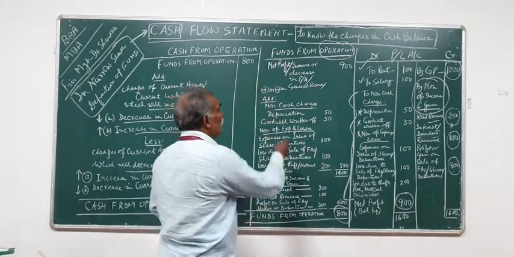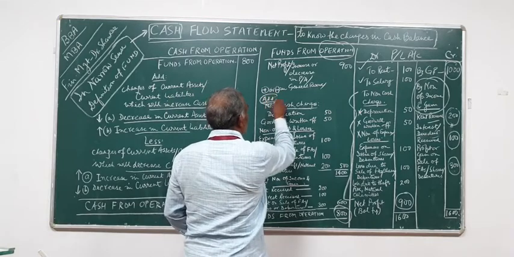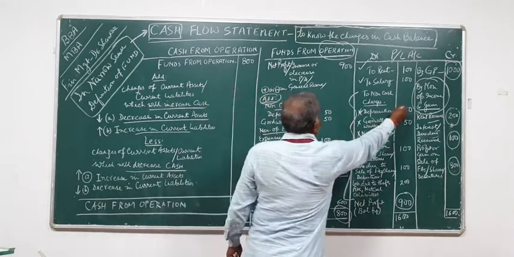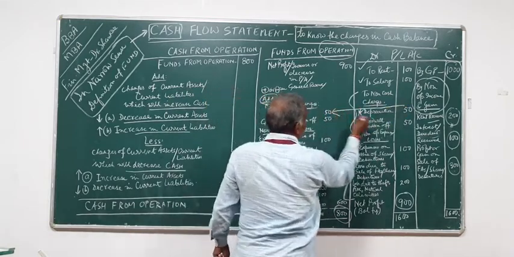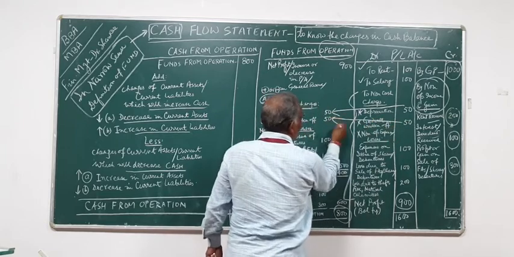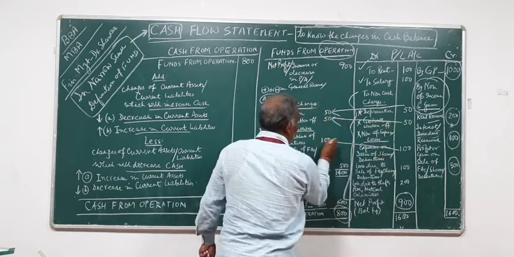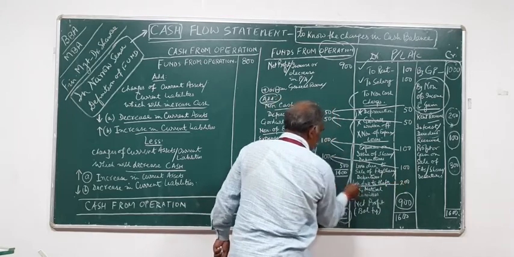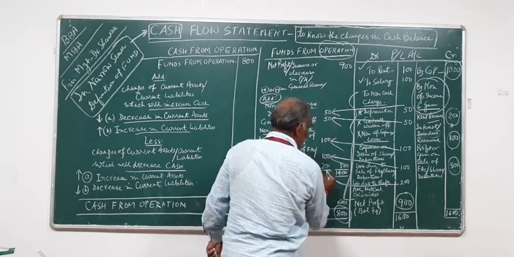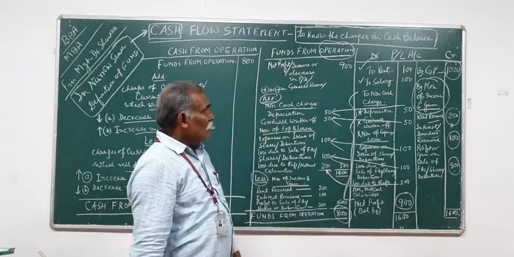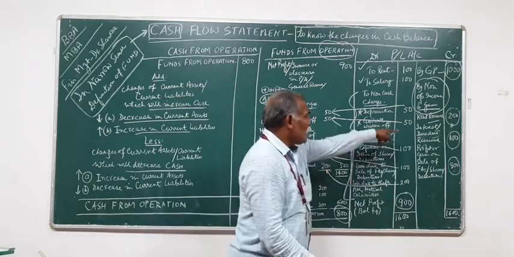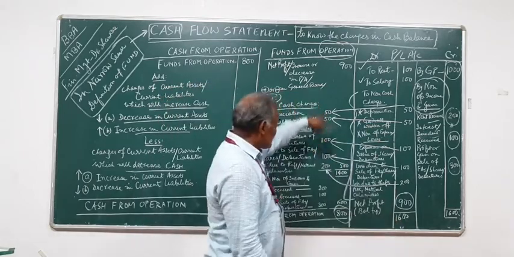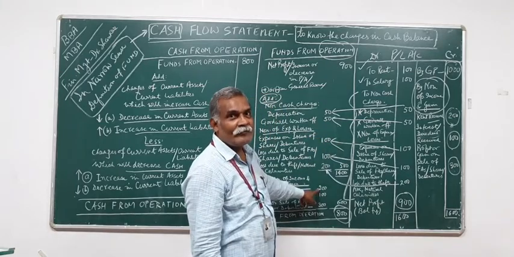So here we have added this 50, this 50, this 100, this 100, and this 200. Why? Because of this reason the net profit is decreasing, so you have to re-add it.